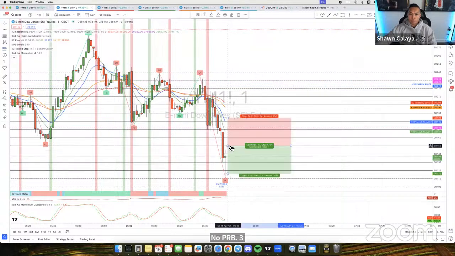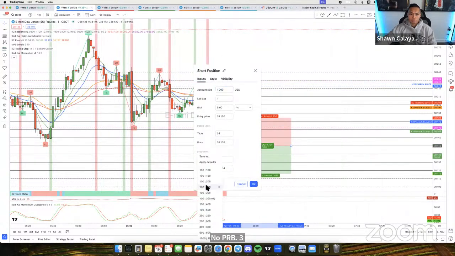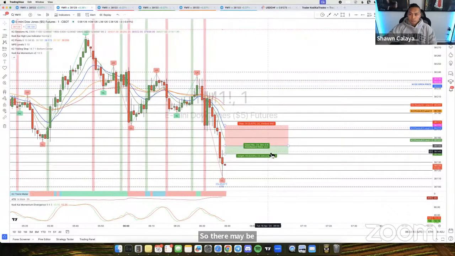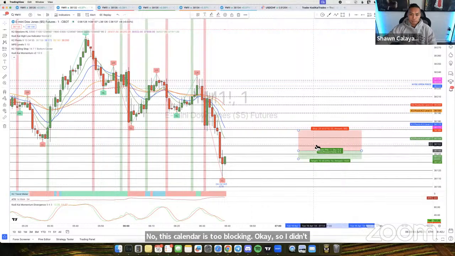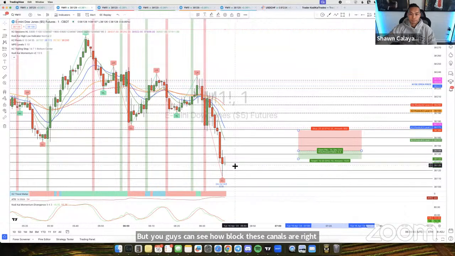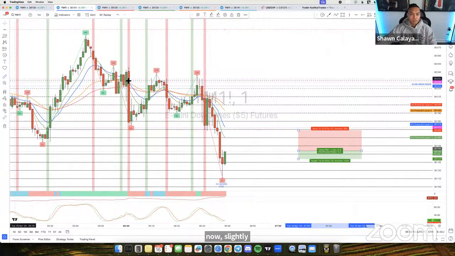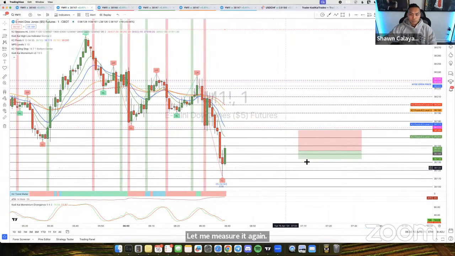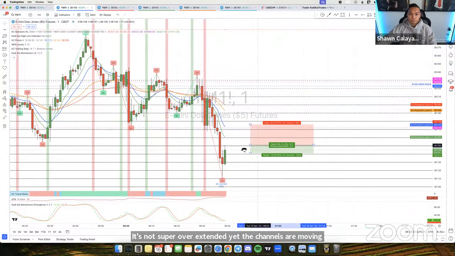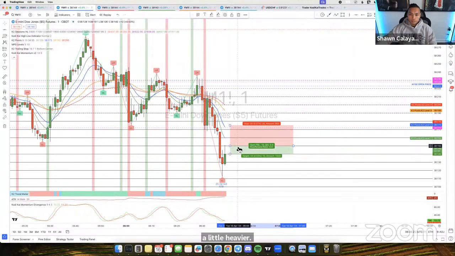No, these candles are too blocky. Okay, so it didn't close green yet, so there's no MPS yet. But you guys can see how blocky these candles are right now, slightly. Let me measure it again. It's not super overextended yet. The candles are moving a little heavier. So there may be an MPS right here at the 50 level, or the 60 or the 40.